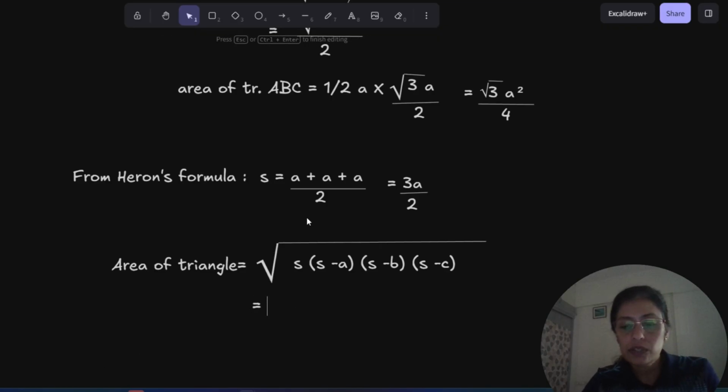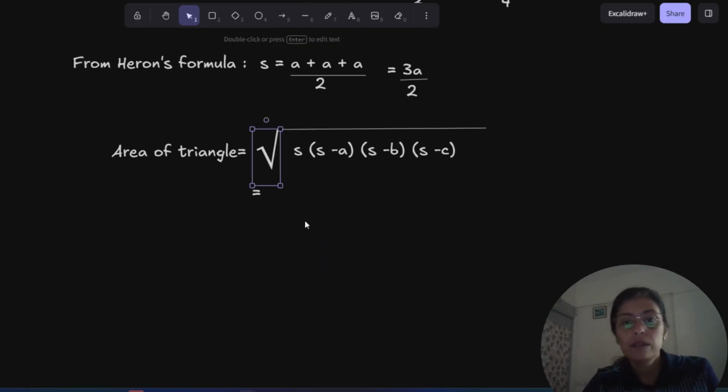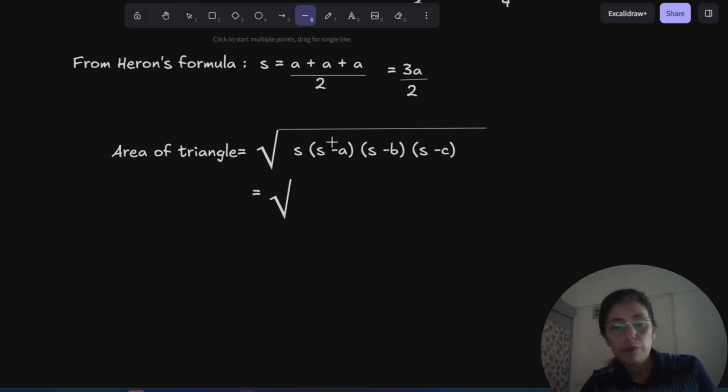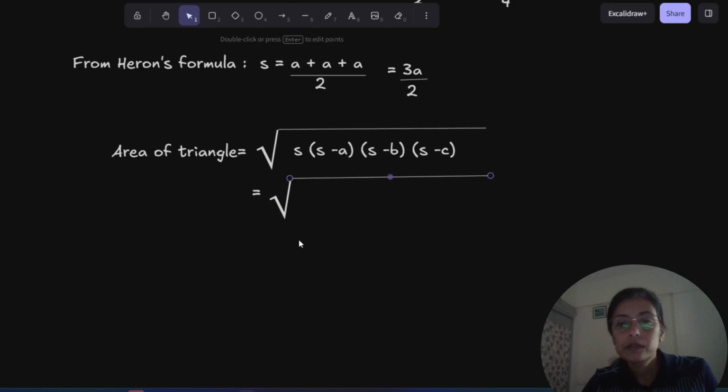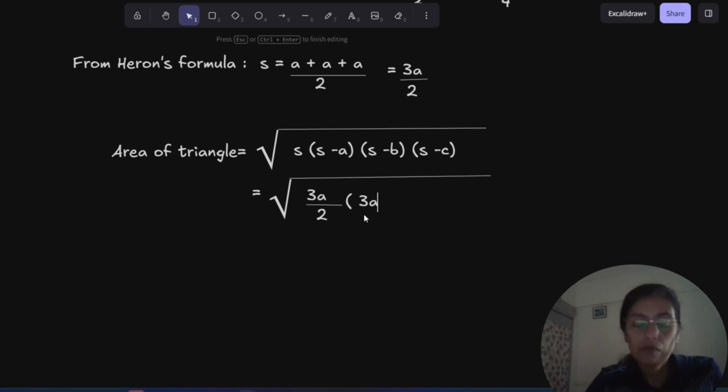So this is going to be the root of 3A by 2 into 3A by 2 minus A, minus A, and it is going to be the same thing again and again.